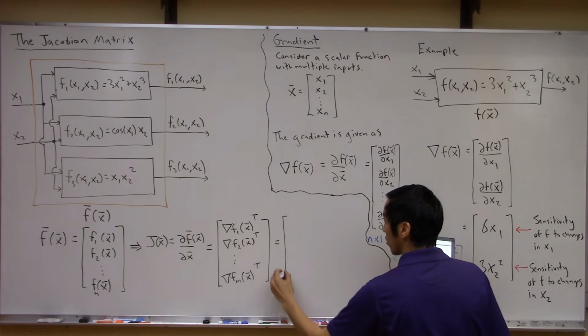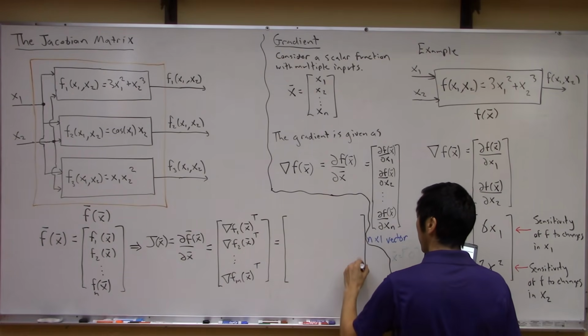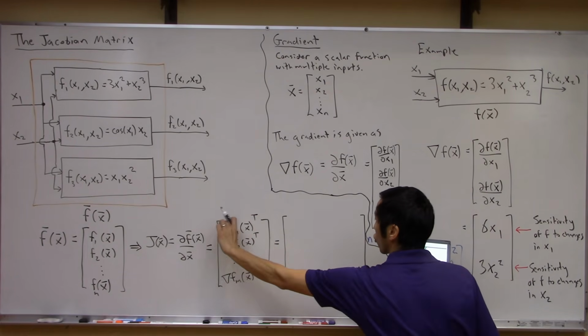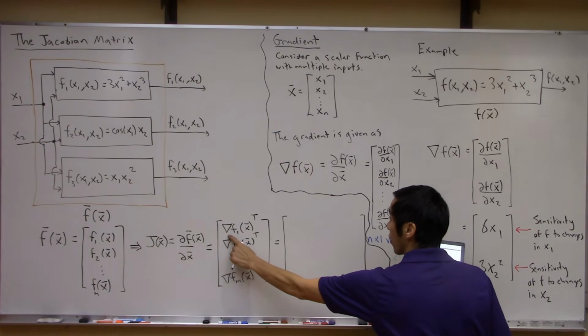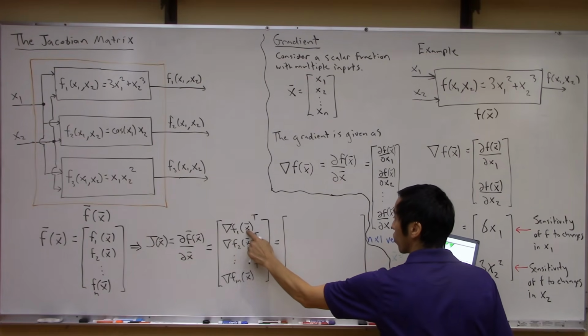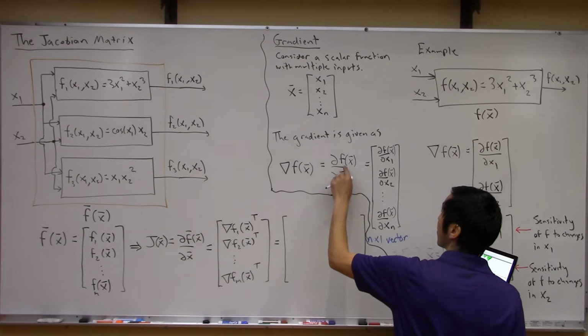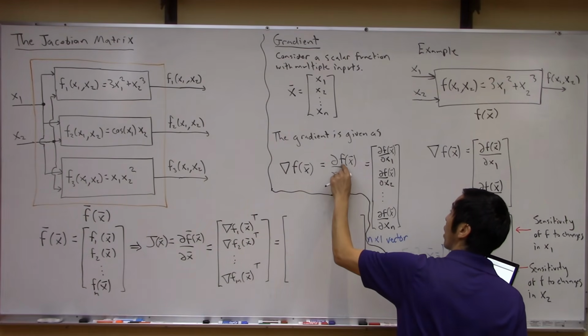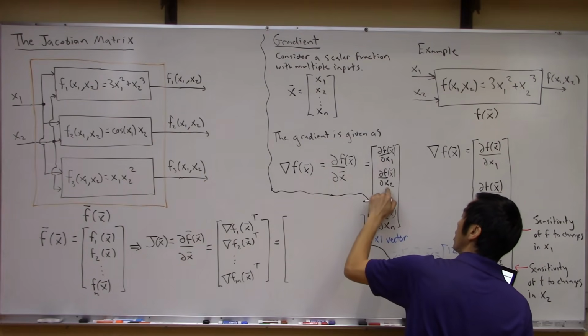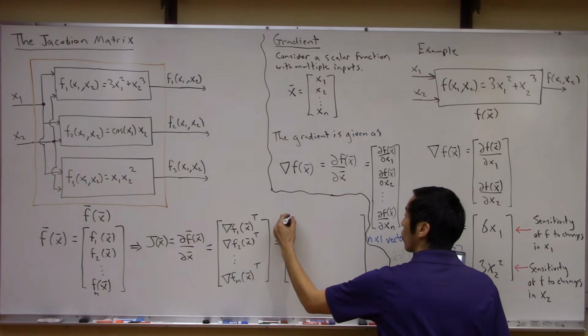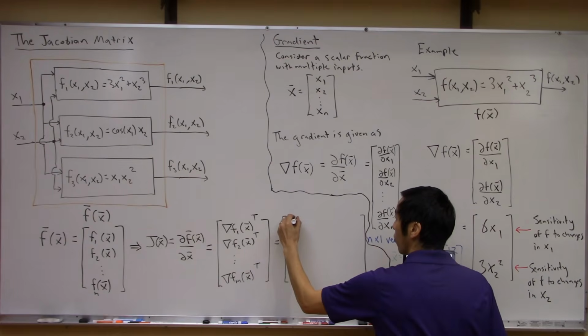So if you look at this long enough, let's just get this first row. It's nothing more than the gradient of f1, right? And we said the gradient is nothing more than the partial derivative of the function with respect to each one of the independent parameters. So this is partial of f1 with respect to x1.